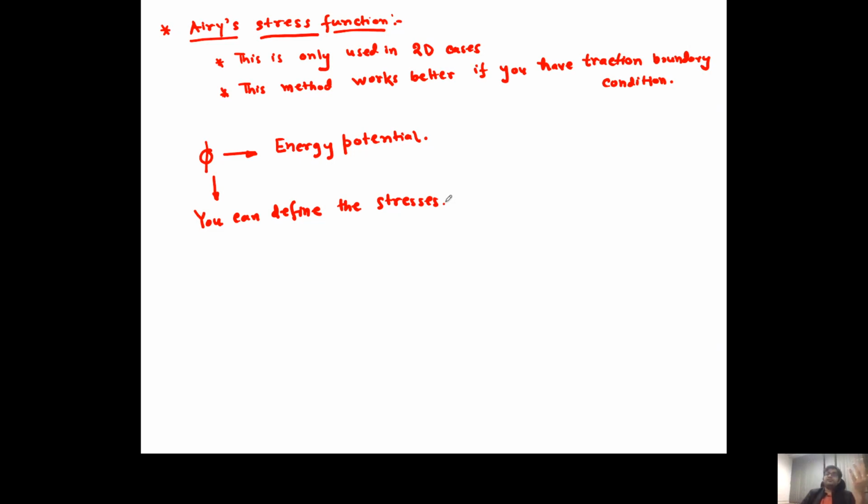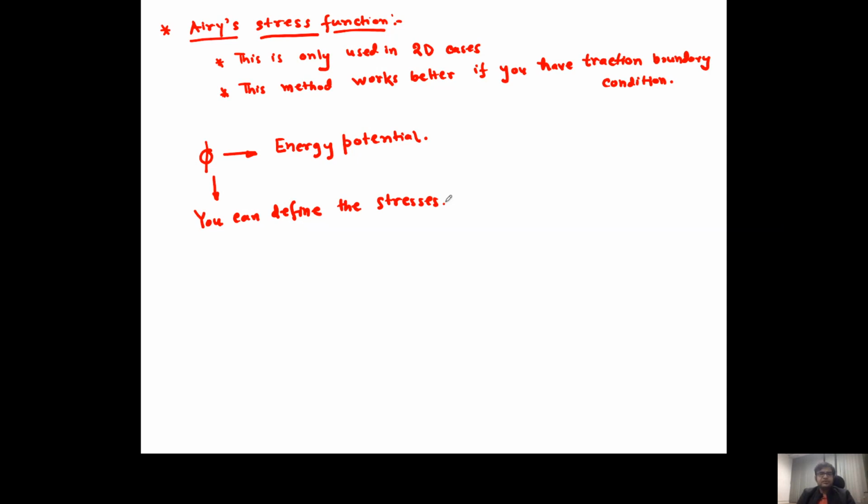Now, Airy stress function, if we go into the history, it was very popular when it was first proposed, because in those days we did not have computers, supercomputers, so you had to solve the problems analytically by hand, and for that Airy stress function is very good. But then time changed, computer came into picture, finite element method came into picture, and nowadays this method is kind of obsolete.